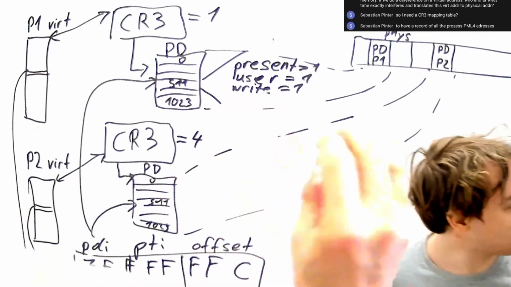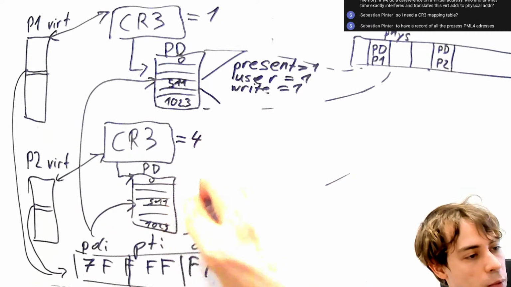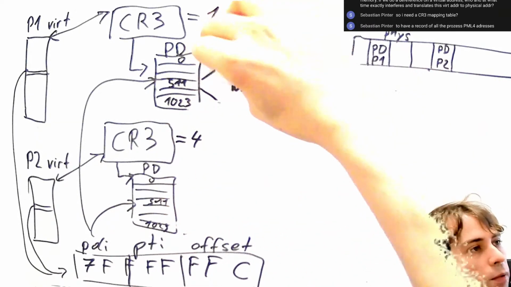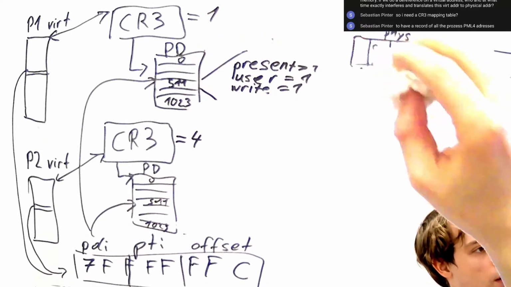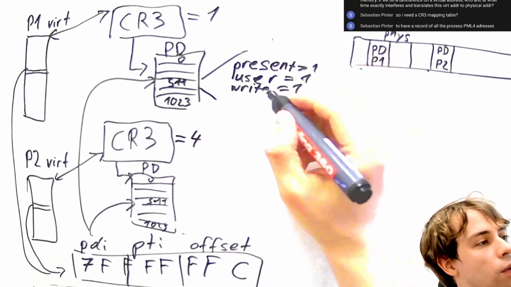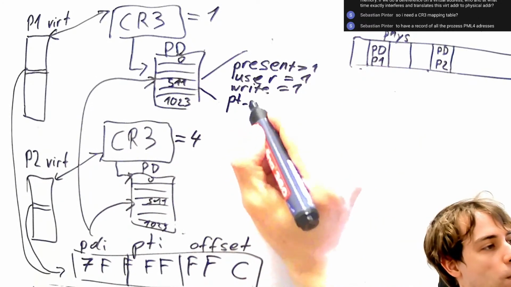I will also remove these dashed lines because they are later on confusing, but I just wanted to illustrate how they are placed in the physical memory. Okay, so present 1, user 1, write 1. And then we have here the page table ppn.